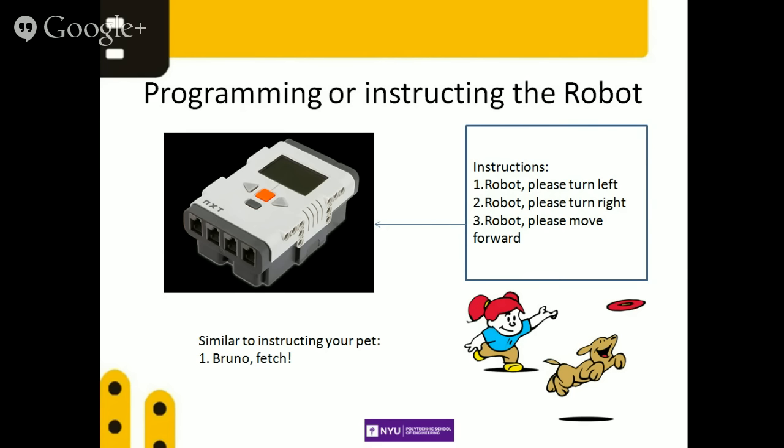We all know that machines do not really understand the English language, so we cannot say something like, robot, please turn right, and the robot will turn right. That's not going to happen. So we need to write instructions in a language called C. I hope that most of you are familiar with this language.